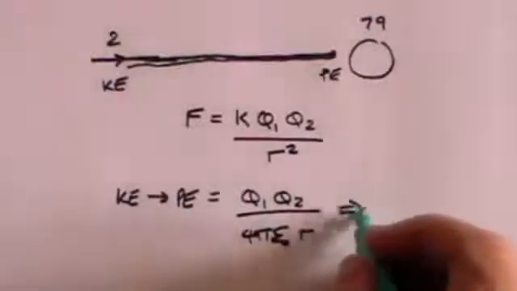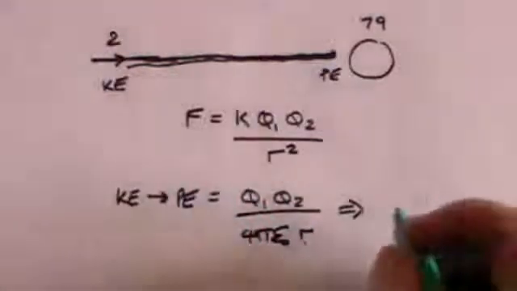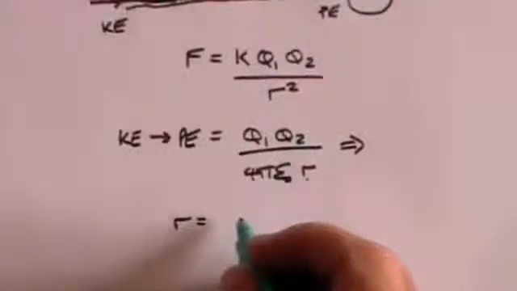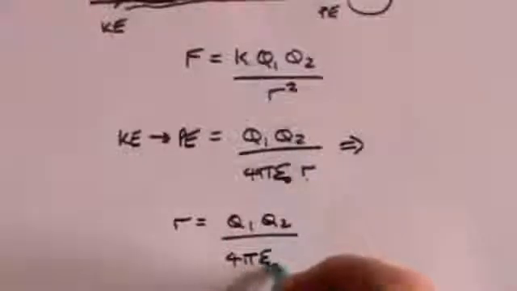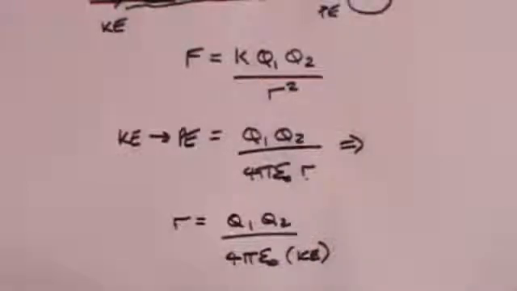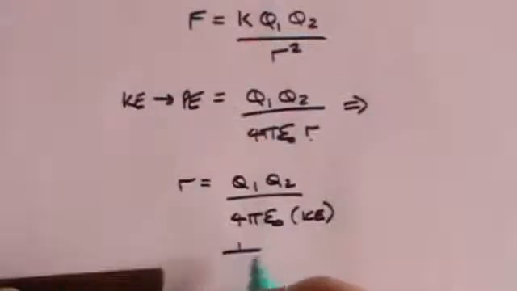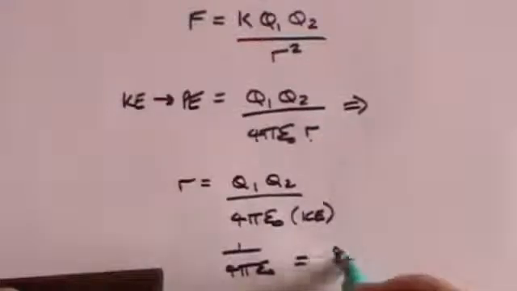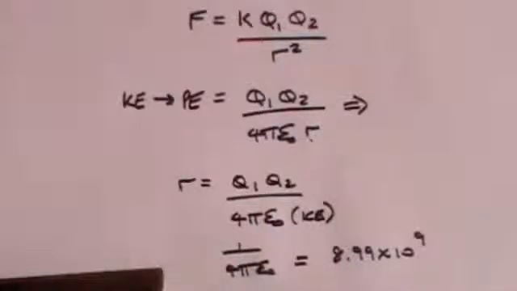And that means that if you just simply swap r and kinetic energy around, you get that the radius is equal to Q1 Q2 divided by 4 pi epsilon 0 times the kinetic energy. And we know that, just to give you the value, 1 over 4 pi epsilon 0 is equal to 8.99 times 10 to the 9. There will be units, but let's not worry about those at the moment.